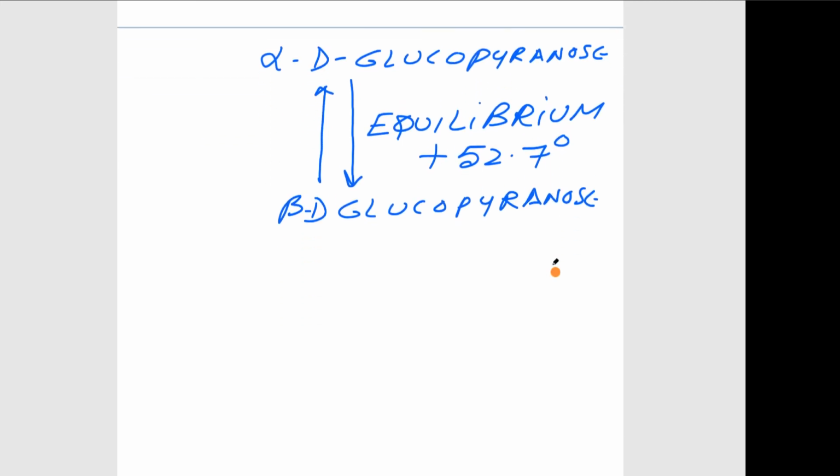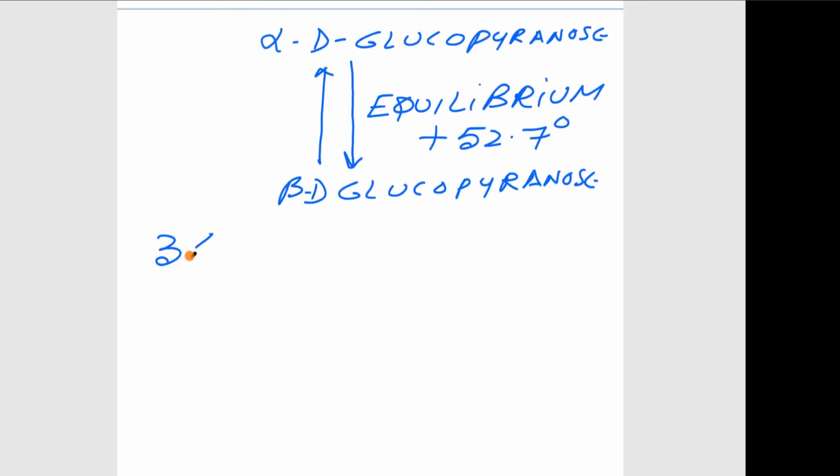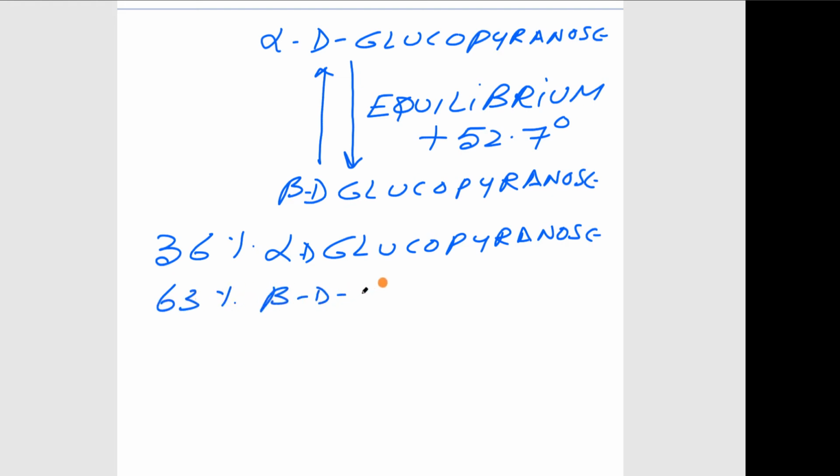So at the equilibrium, there will be 36% alpha D glucopyranose, then 63% beta D glucopyranose.